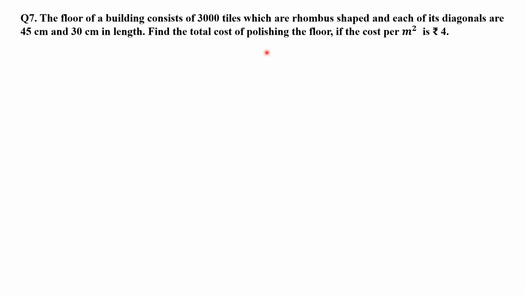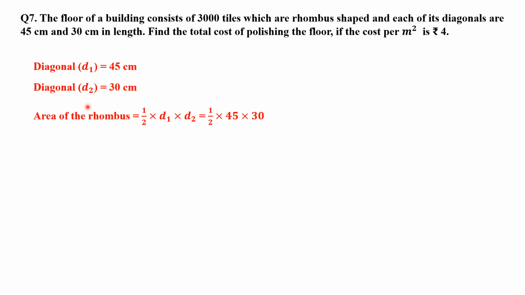So first I will find the area of one tile, and it is given that every tile is in the shape of a rhombus. So I will find the area of one tile. For that I have to use the area of the rhombus formula. Now see what information is given in the question. Diagonal 1 is given as 45 centimeter, diagonal D2 is given as 30 centimeter. Area of the rhombus will be half into D1 into D2, isn't it?